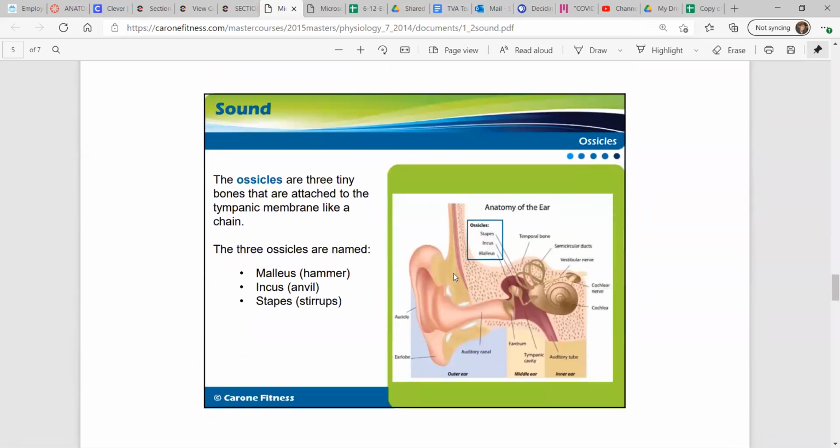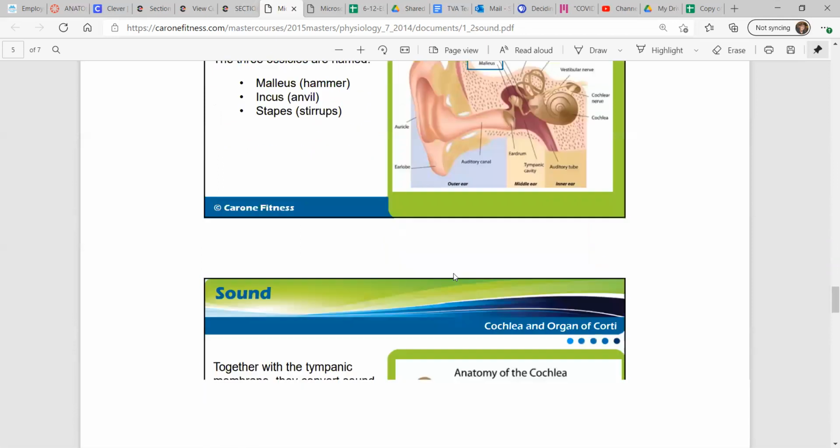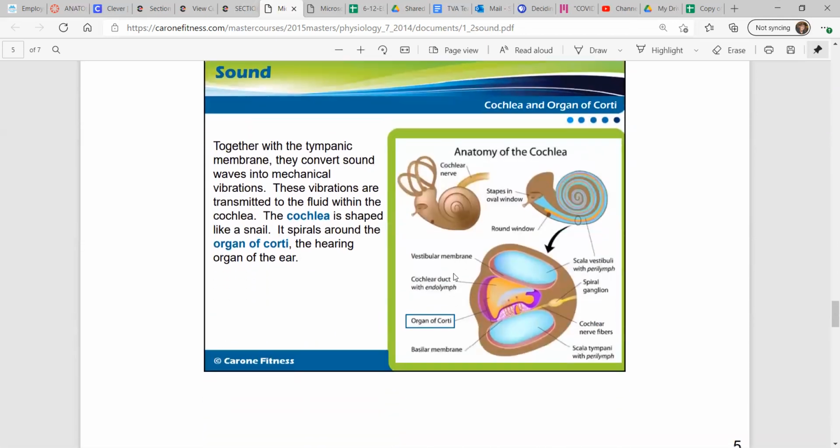The ossicles are three tiny bones that are attached to the tympanic membrane like a chain. The three ossicles are named malleus, incus, and stapes, or the hammer, anvil, and stirrup. Together with the tympanic membrane, they convert sound waves into mechanical vibrations.